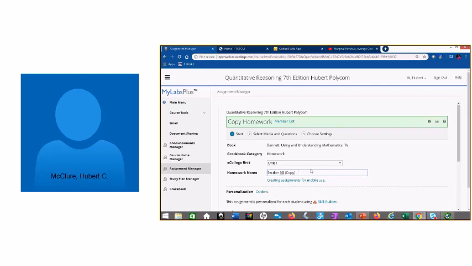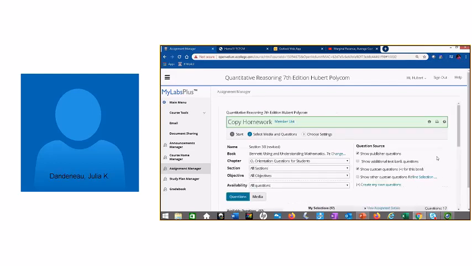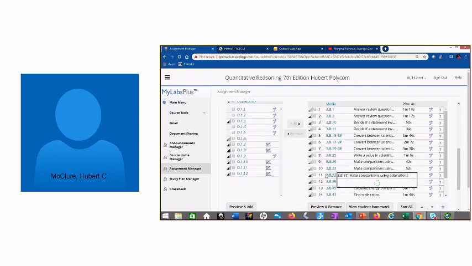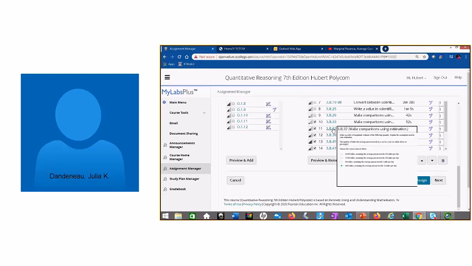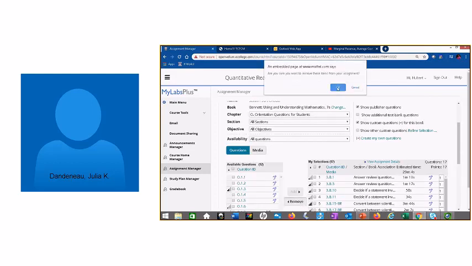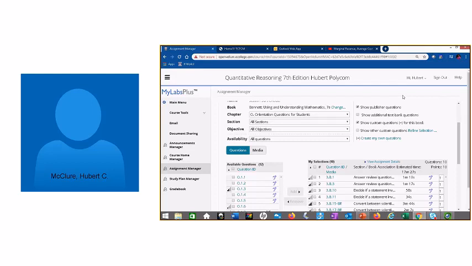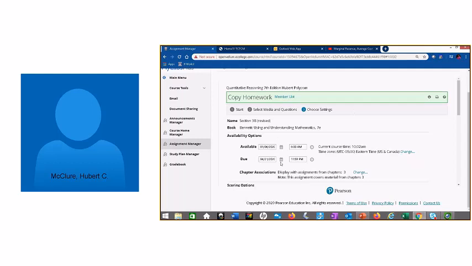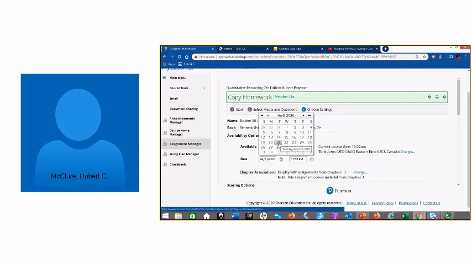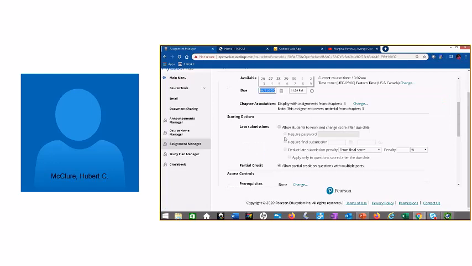I'm going to put revised here. Next. What did I say, 10 through what? 16 or 17. 16. And that should be due on the 21st. That's tomorrow.